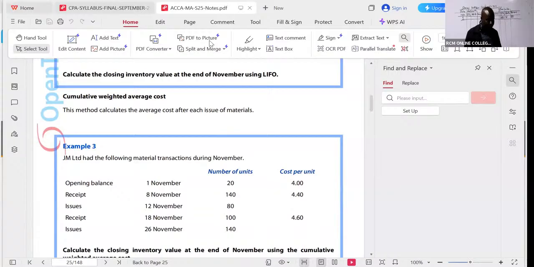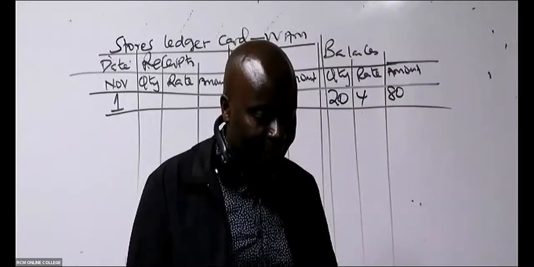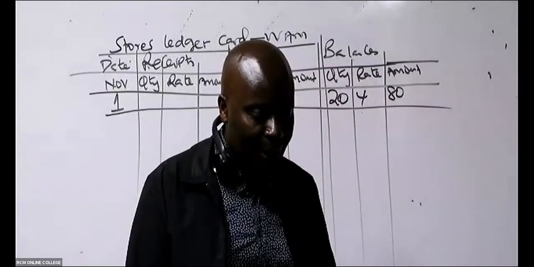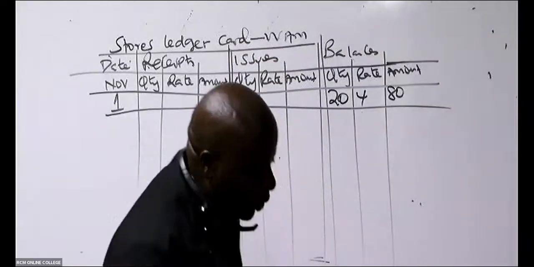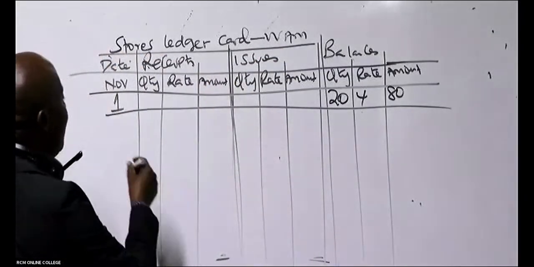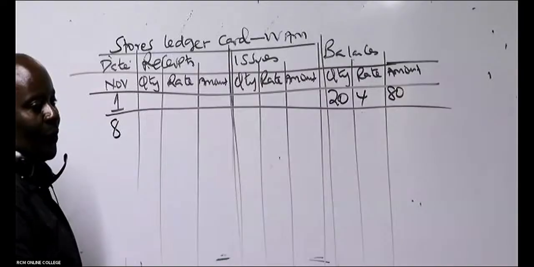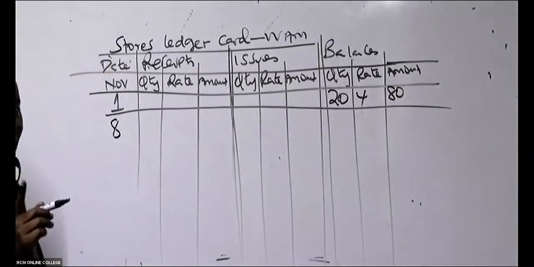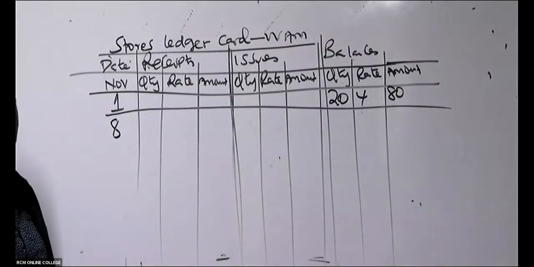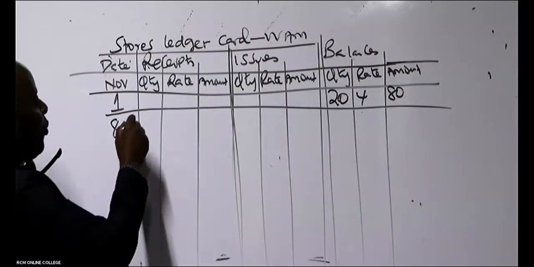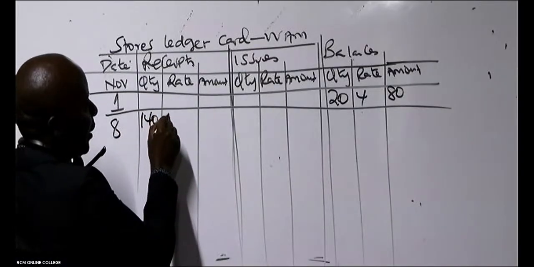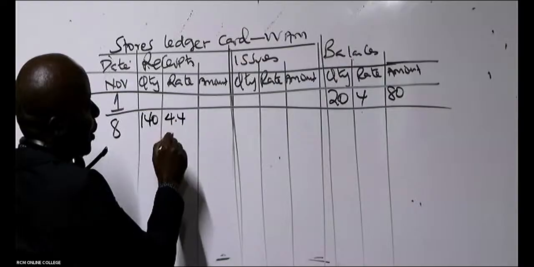The next date in this case is 8th November, right? What happened on the 8th of November? We received 140 units at what rate? At 4.4, isn't it?